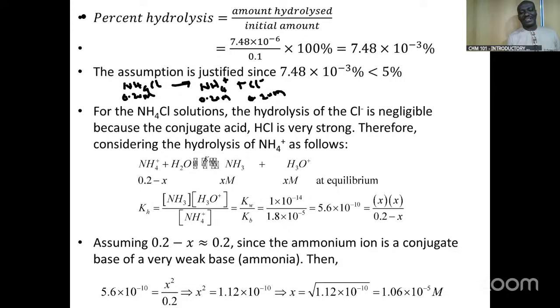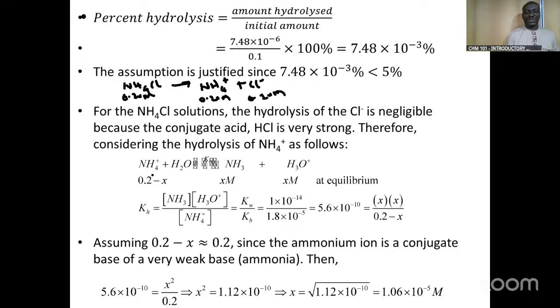Now, ammonia is a weak base. So the ammonium ion will be a conjugate acid of ammonia, and of course, it will undergo hydrolysis according to this equation here. Without wasting time going through the ICE table as we've done before, because it's essentially the same thing, I've just jumped to that step.